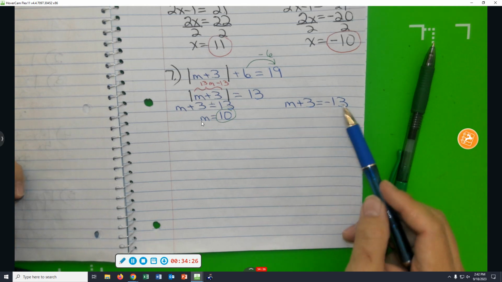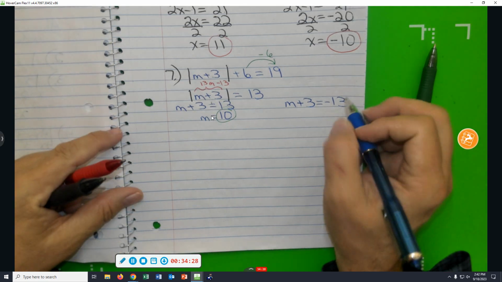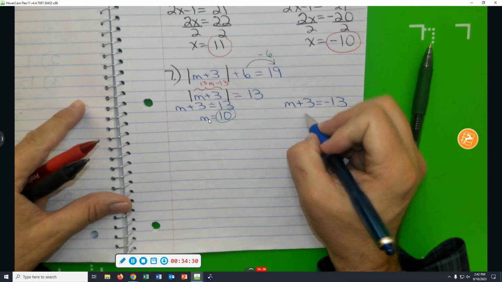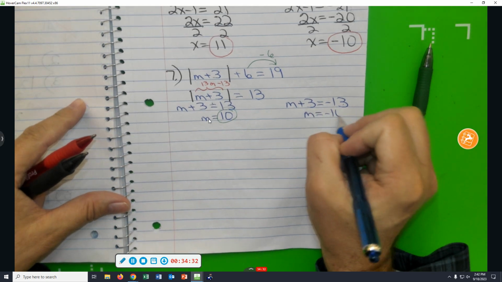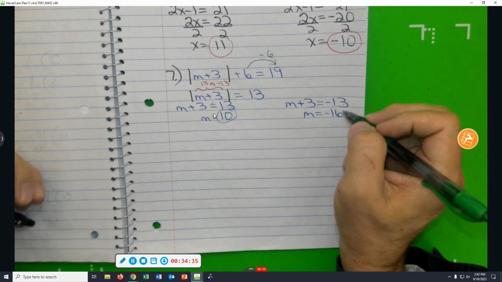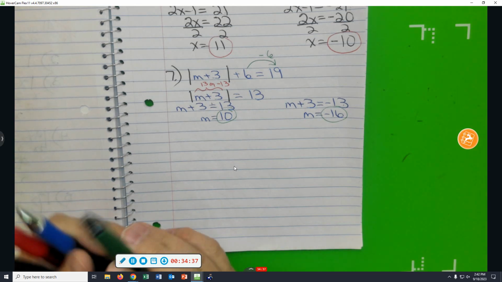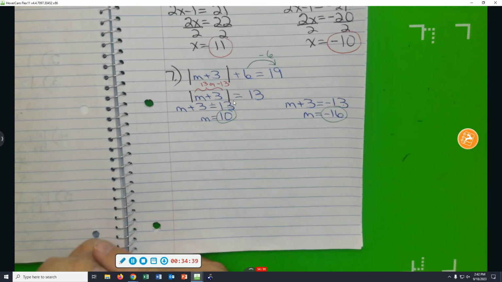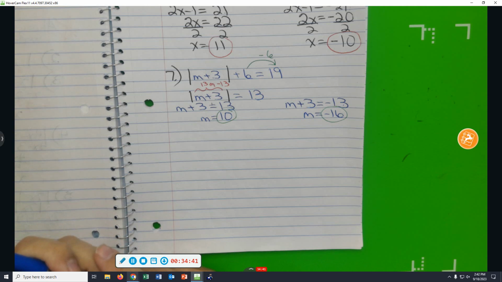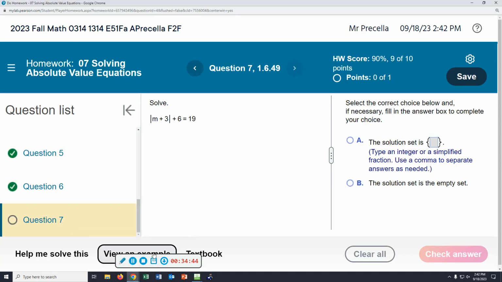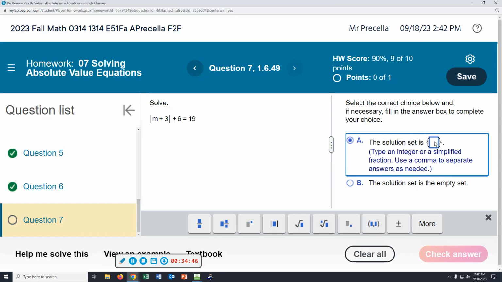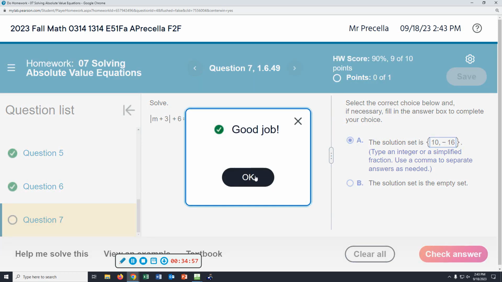Here, okay, negative 13 minus 3 gives me a negative 16 for my second solution. So 10 and negative 16. Okay.